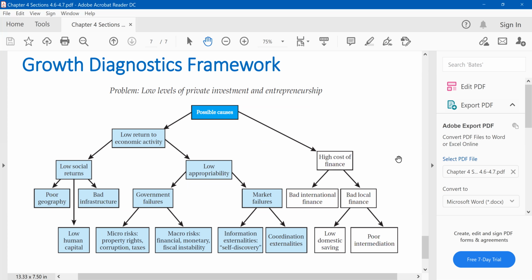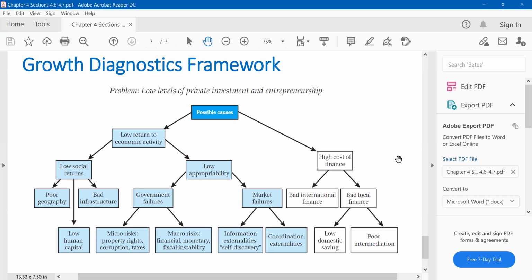So in terms of social returns, if they are low, there are possibly three reasons. Why is it low? Because there's not enough talented people around you, skillful people. Once you invest in this particular technology, you cannot find the engineers, you cannot find the managers, you cannot find skillful workers to be hired.